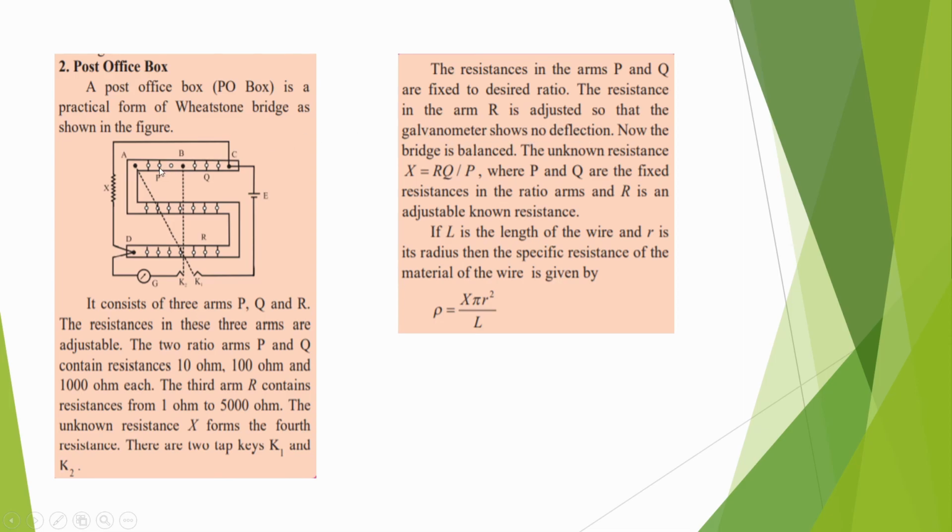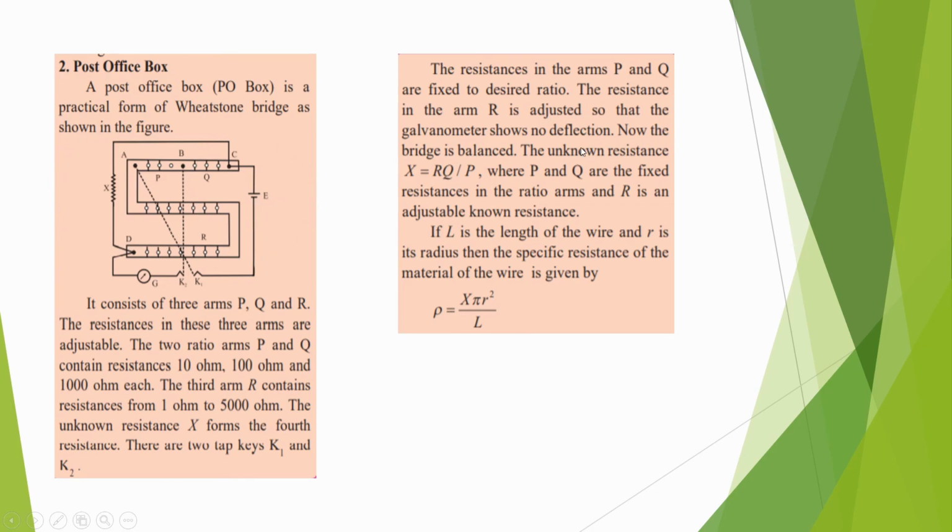When we take out resistance from the box R in such a way that the galvanometer, connected between the key and point D, shows null deflection or zero deflection, we say that the circuit is balanced.